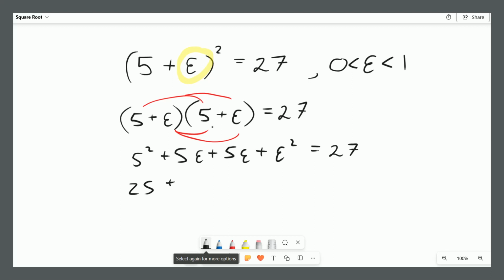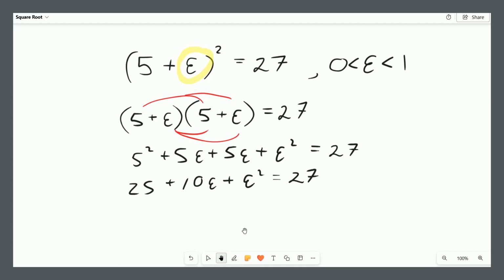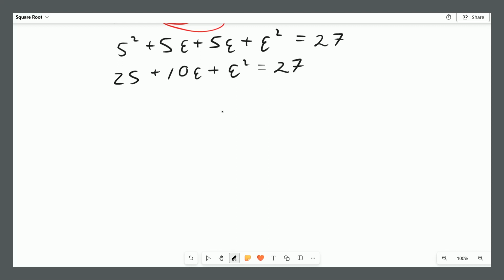And we can simplify this as follows, and then one more step. 25 can be brought over to the other side, so this becomes a plus 2. So we have 10 epsilon plus epsilon² equals 2.